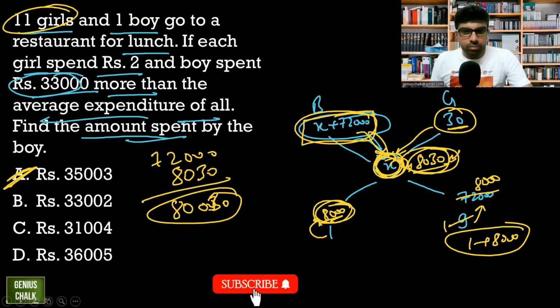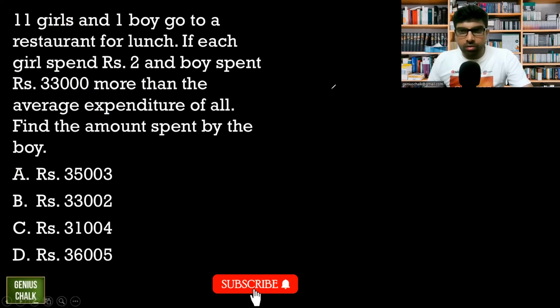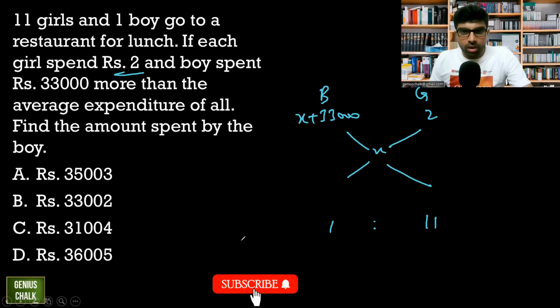Similar type, 11 girls, 1 boy. Write it. 11 girls, 1 boy. So this is boy. This is girl. 11 girls, 1 boy. Ratio of numbers. Each girl spent rupees 2. Boy spent 33,000 more than the average. Now, amount spent by the boy.